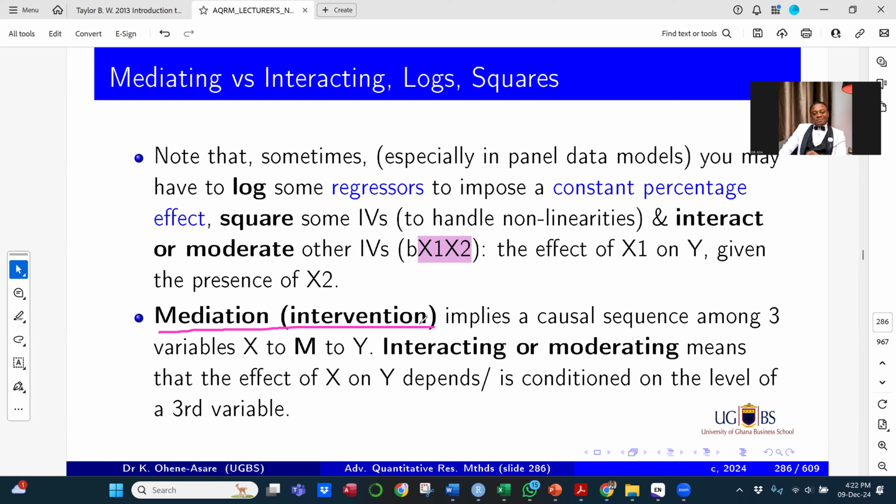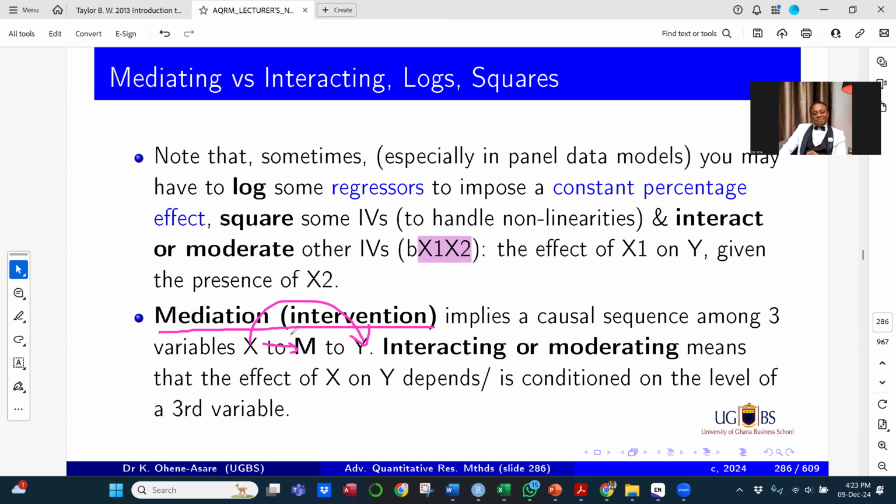Basically, mediation means that you are looking at the pathway via which a particular value is influenced. So you can look at the influence of X on Y, but then you realize that X affects Y through M. So you try and mediate.